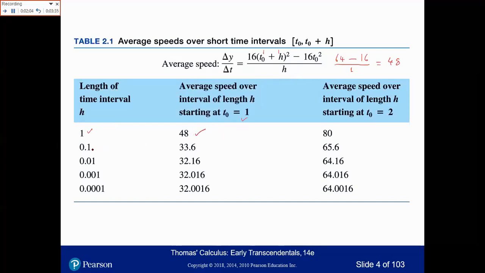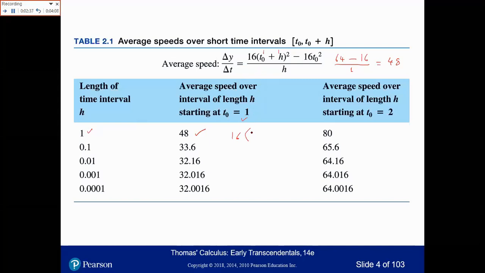Now, let's use for h 0.1. I'm just going to do this one and then you can get the idea. If we use 0.1, then the equation will be 16 times parentheses t0, and t0 doesn't change, it is equal to 1.